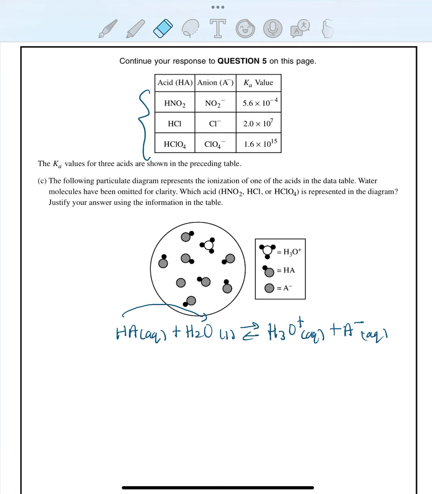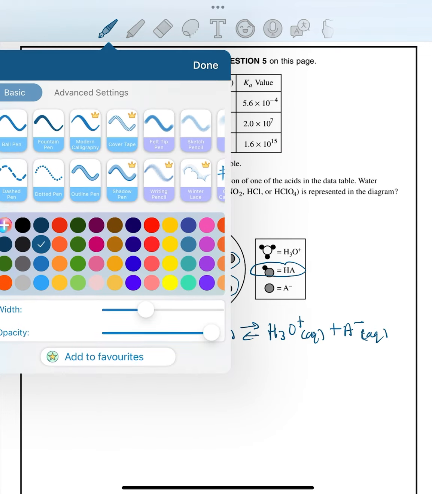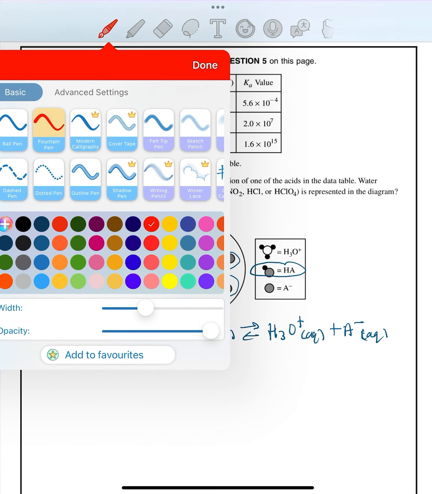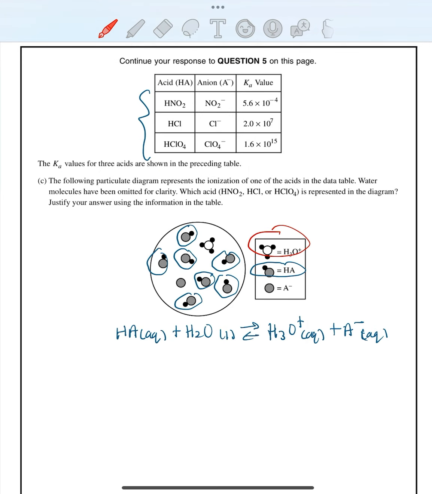So when I look at this equation that I wrote down and I look at this diagram, what I can see in this diagram is that there's lots of HA molecules, which is this one over here. Lots of HA. And I don't have very much hydronium, and I also don't have very much of the conjugate base A minus.